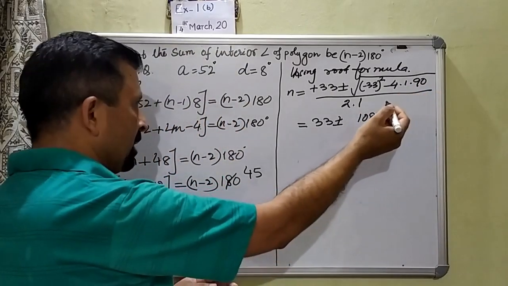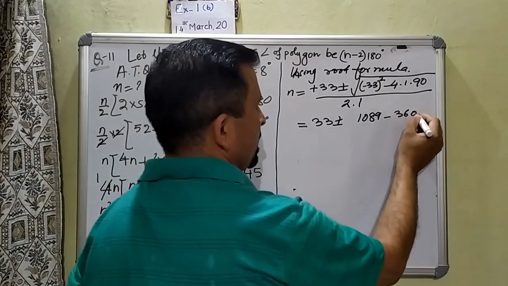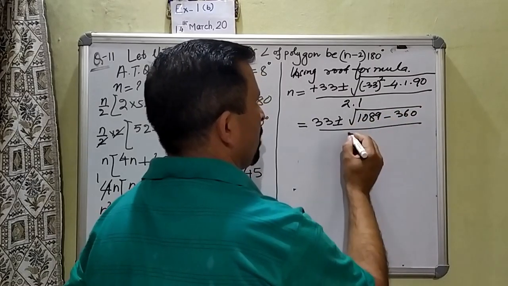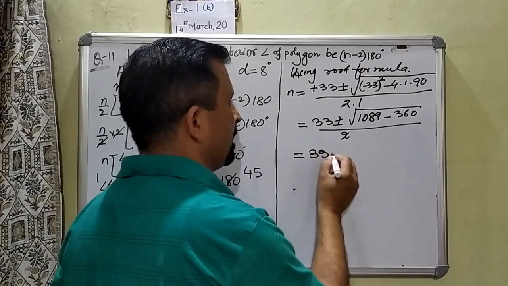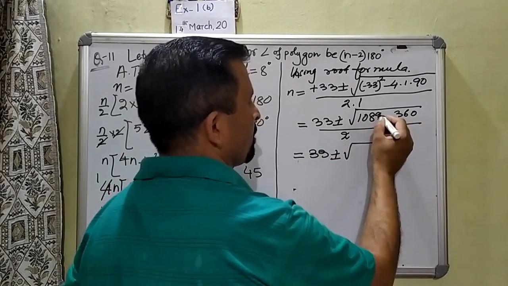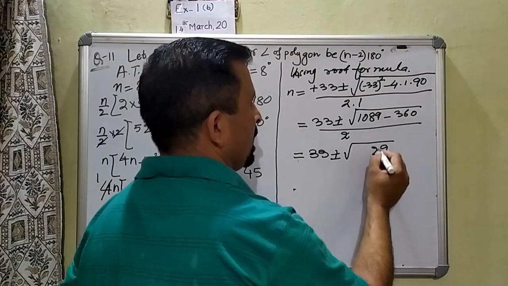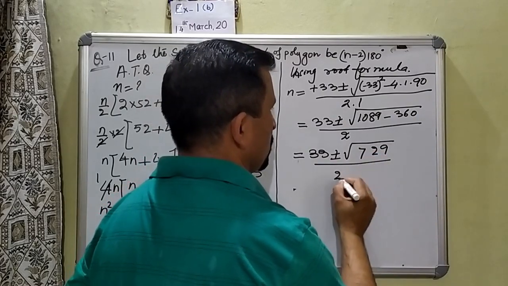When we simplify this, it will give you minus 360, and down we will have only 2. Now we can simplify further. This is 33 plus minus root over, 1089 minus 360 is 729, divided by 2.